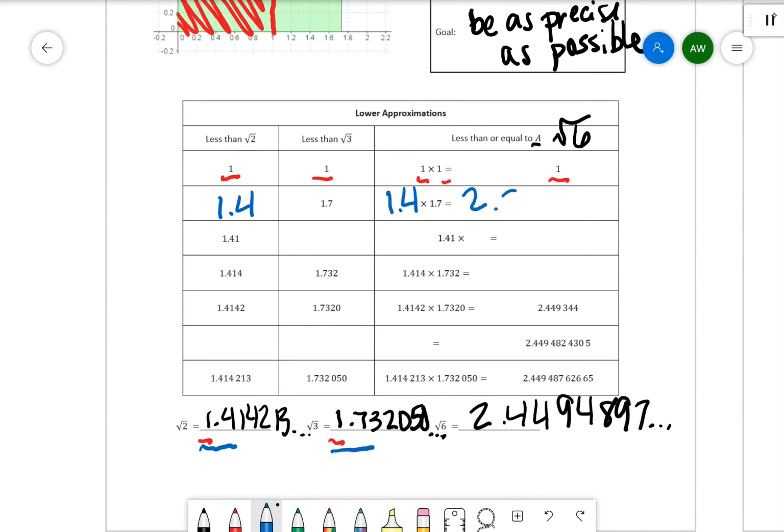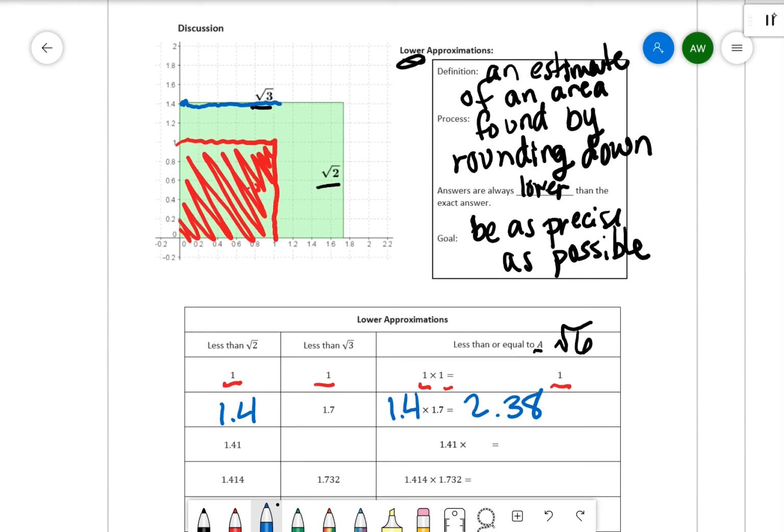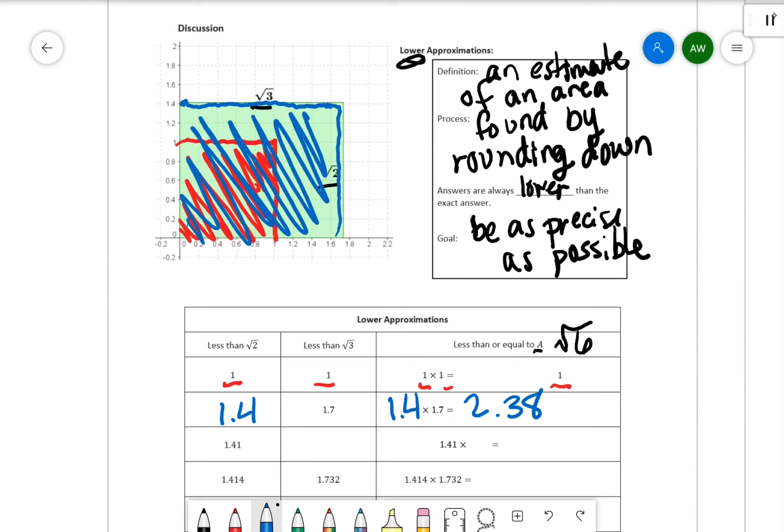We get 2.38. On our graph, 1.4 is right here, and 1.7 is right here. Though we're not exactly at our actual area yet, we are getting pretty close. This is much closer than our initial approximation of 1 was.